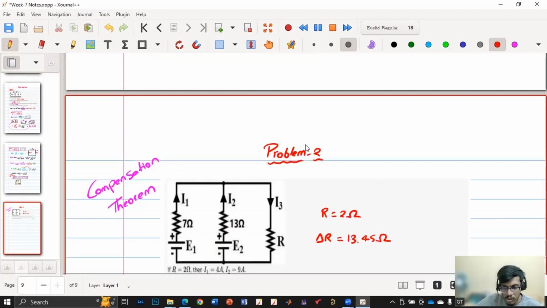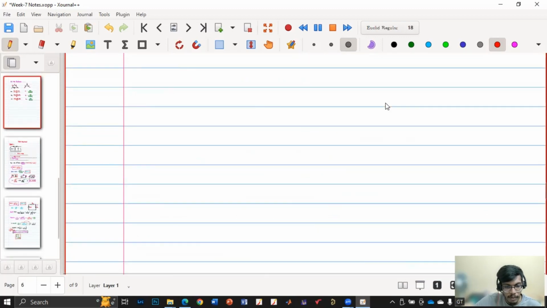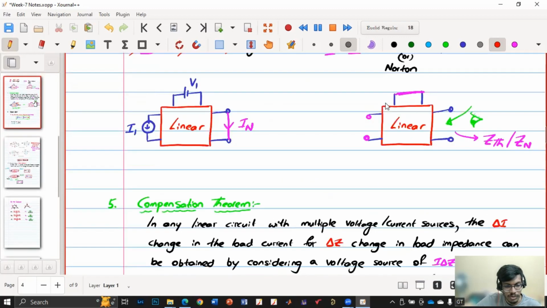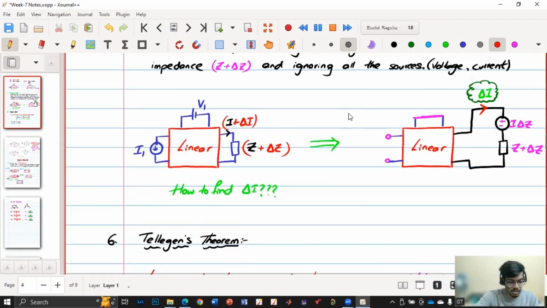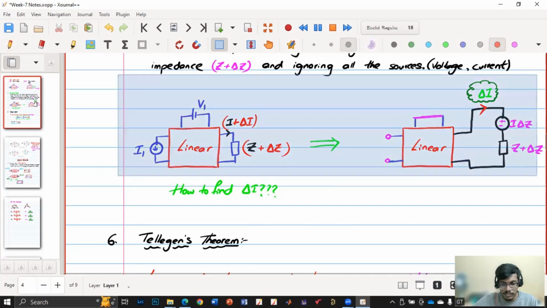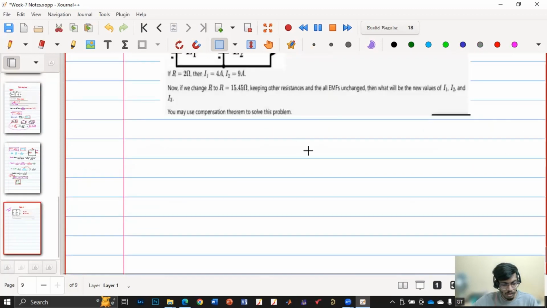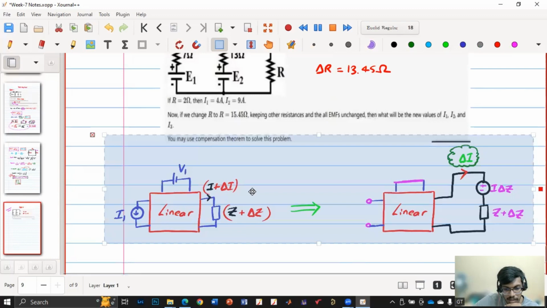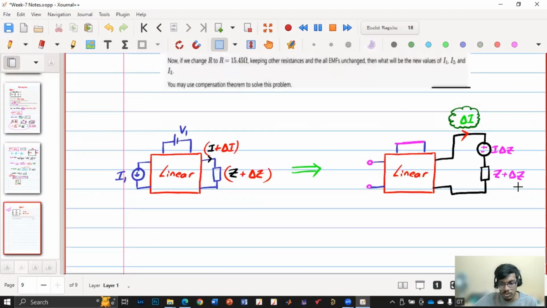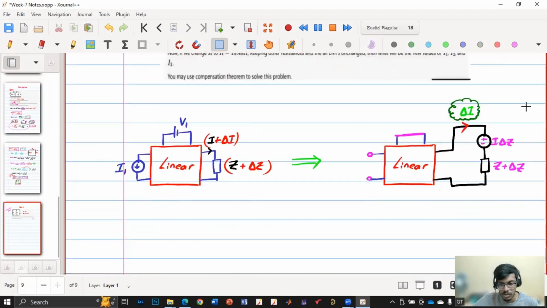I'll go back to my theorem and directly correlate with that. The theorem is here, so let us take a screenshot of this, and we'll use the same thing here. If my circuit is given like this, then I have to create this circuit.